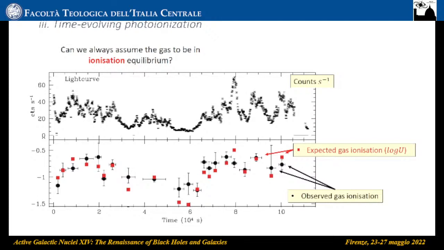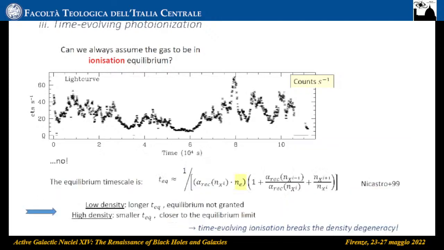In fact, the equilibrium time scale can be estimated through this formula, and you can see that the time over which the gas reaches equilibrium with respect to the radiative field is inversely proportional to the density. This means that for low density, the equilibrium time is longer, so equilibrium is not guaranteed, while for high density, this time is smaller, so we are closer to the equilibrium limit.